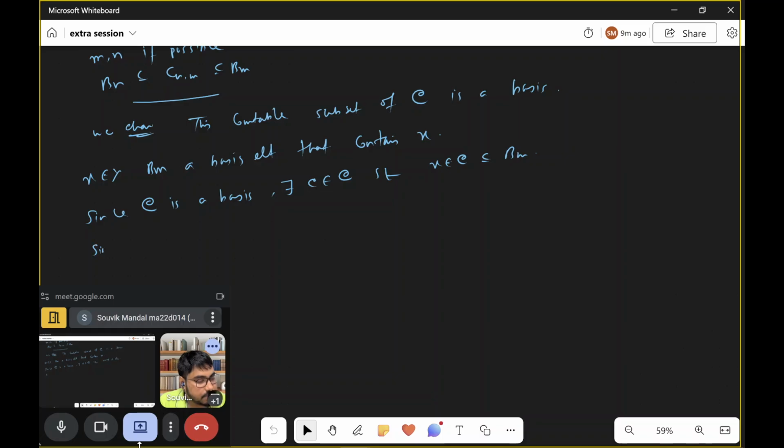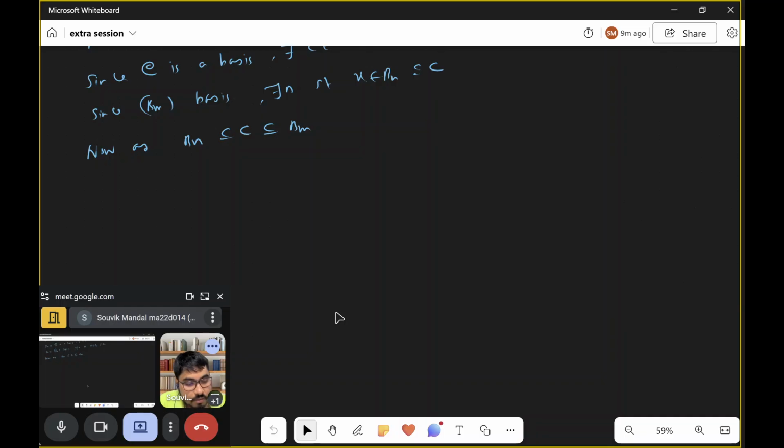Now since B is a basis, there exists n such that x belongs to B_n subset of C. Now as B_n subset of C subset of B_m, this tells us that C_mn is such that x belongs to C_mn subset of B_m.